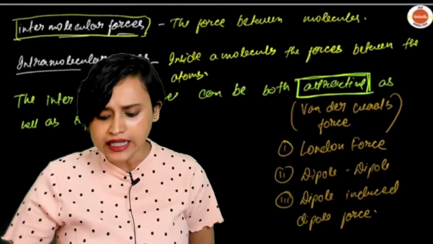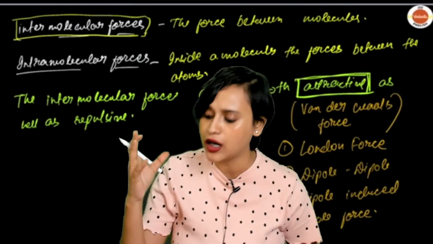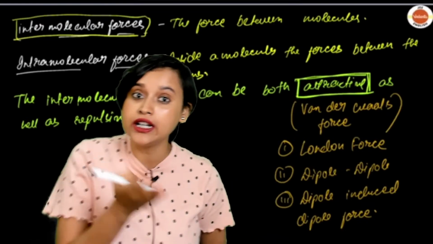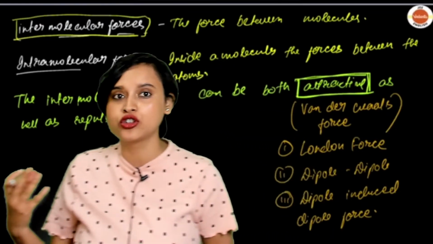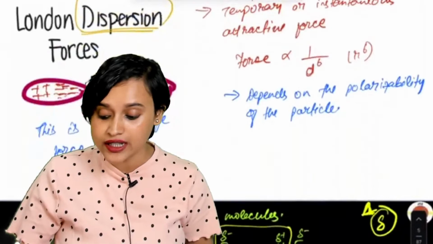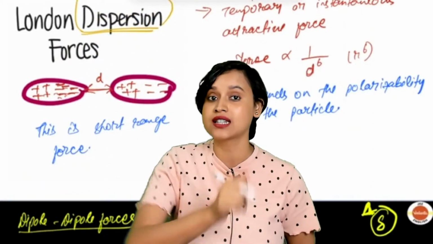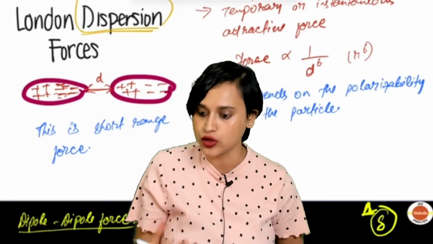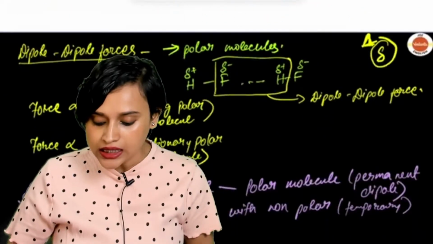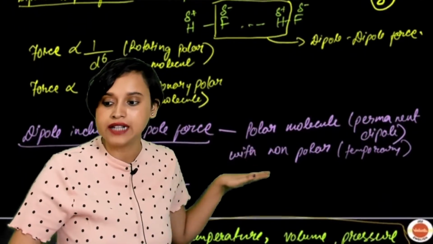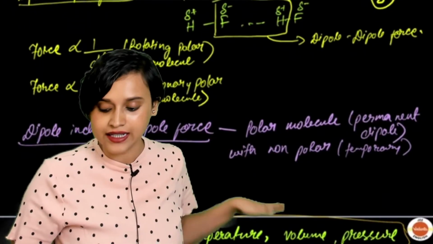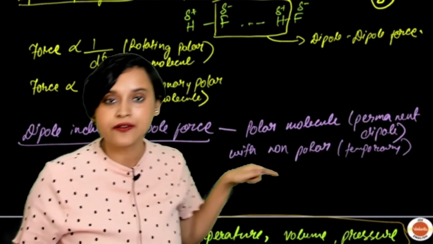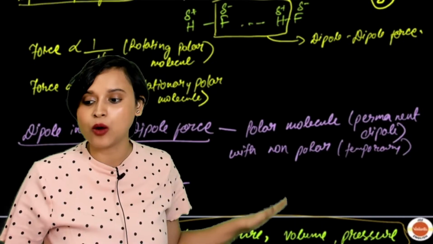We learnt in detail about intermolecular forces: London forces, dipole forces, dipole induced dipole forces, and how the force differs in each case. Force is mostly 1 divided by r to the power 6, however in certain situations, like dipole force for a stationary polar molecule, the force becomes 1 by d to the power 3.